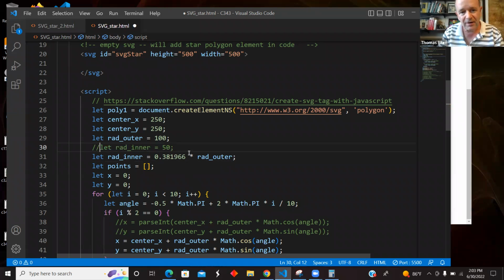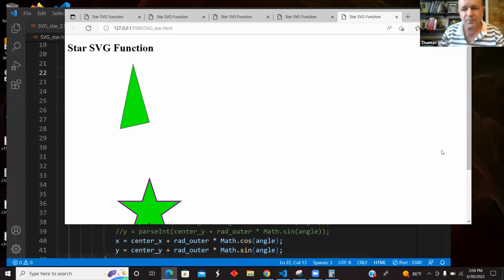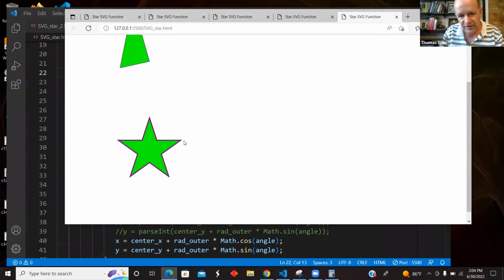So now, instead of choosing an outer and inner radius arbitrarily, I'm making the inner radius a specific ratio to the outer one. Let me save and open with the live server. So that choice, when I started at minus 90 or minus pi over 2, and that choice of inner to outer radius made this horizontal. So that was a special case of the star.